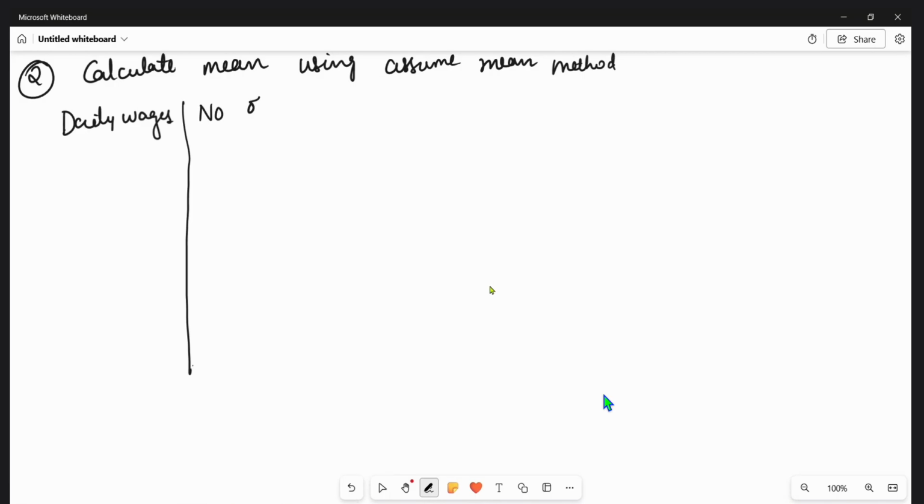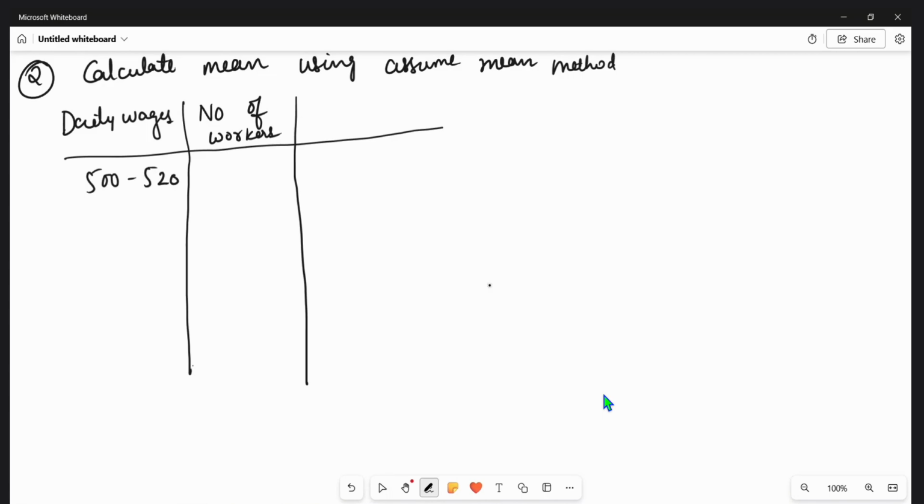Here, number of workers. So 500 to 520, it is 12. 520 to 540, 14. 540 to 560... 560 to 580, it is 6.